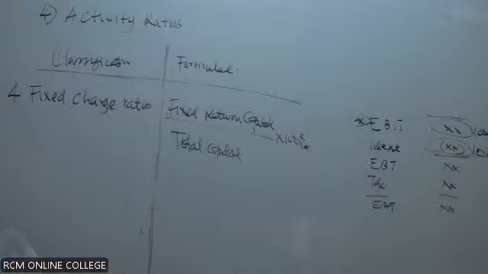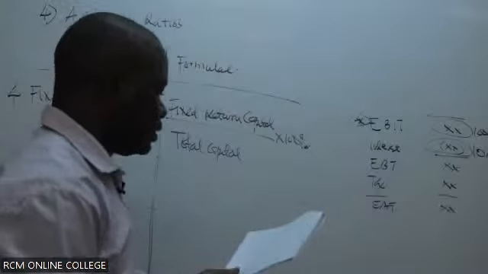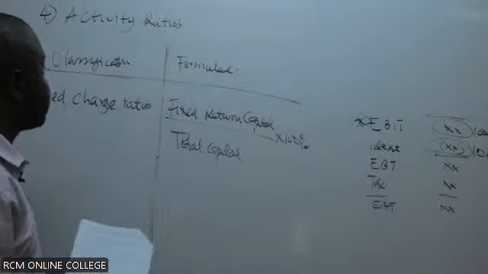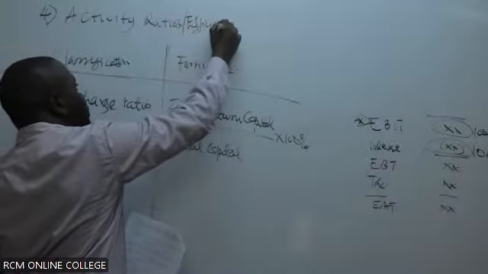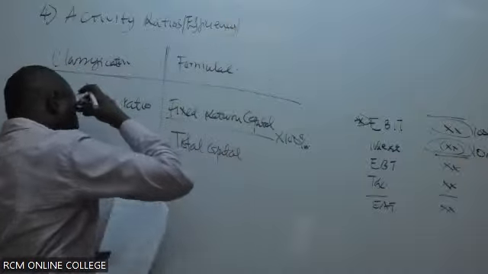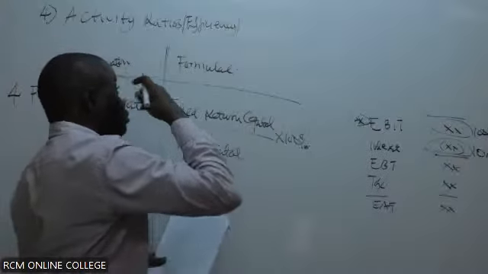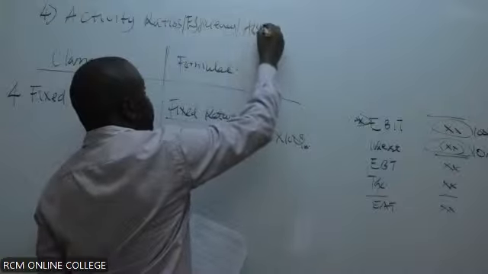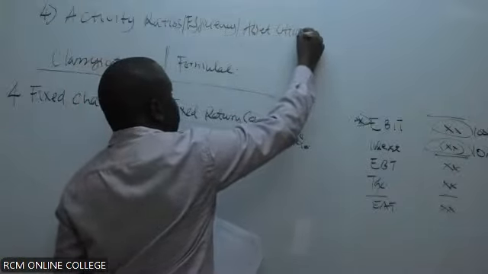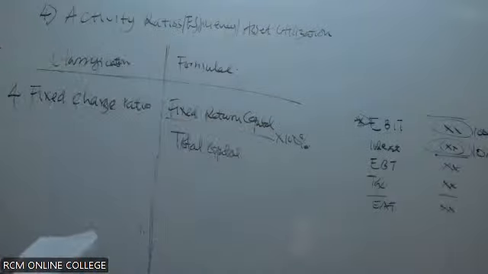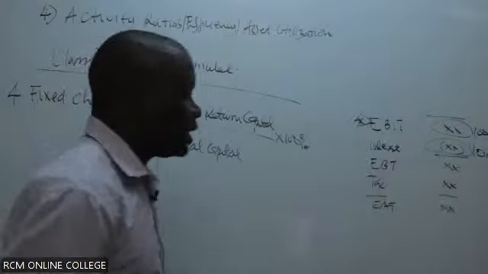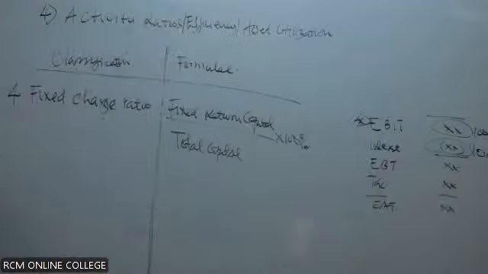Sometimes we can refer to them as efficiency, or maybe as asset utilization ratios. There are a number of names, so this category can be named activity or efficiency. How efficiently are you utilizing your assets, or the asset utilization ratio?